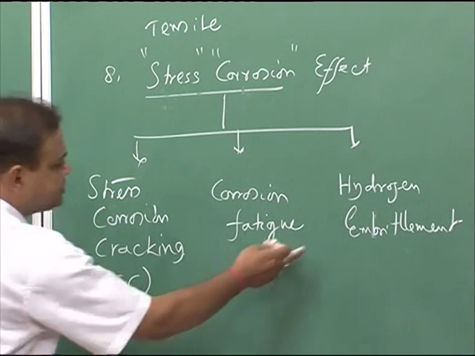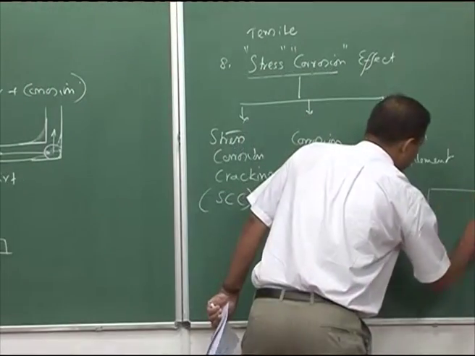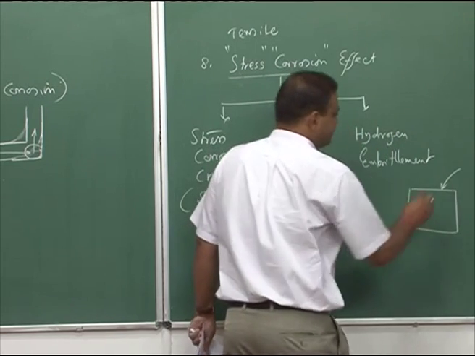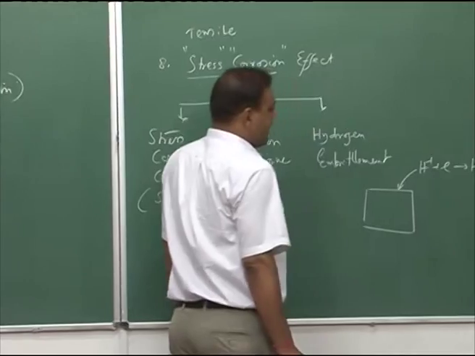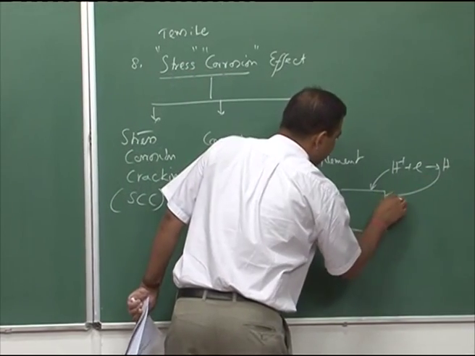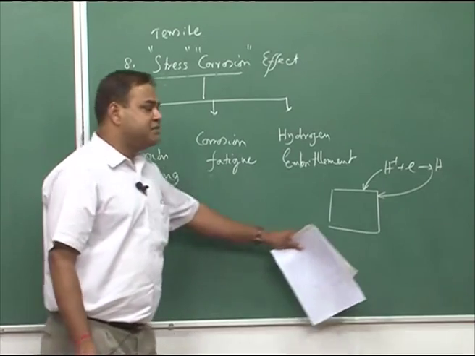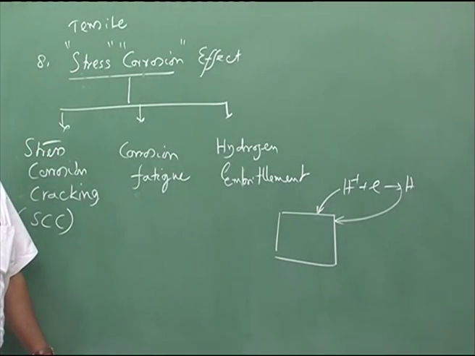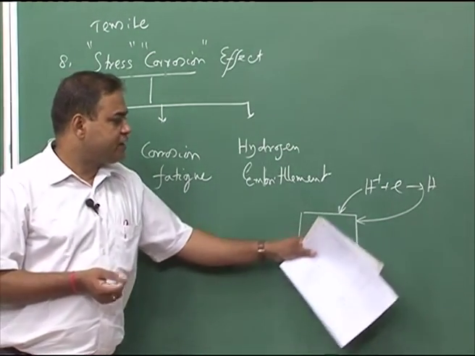In the case of hydrogen embrittlement, for example, on a metal surface, gradually the hydrogen reaction is happening, and this hydrogen can combine with some elements, for example zirconium, hydride-forming elements.